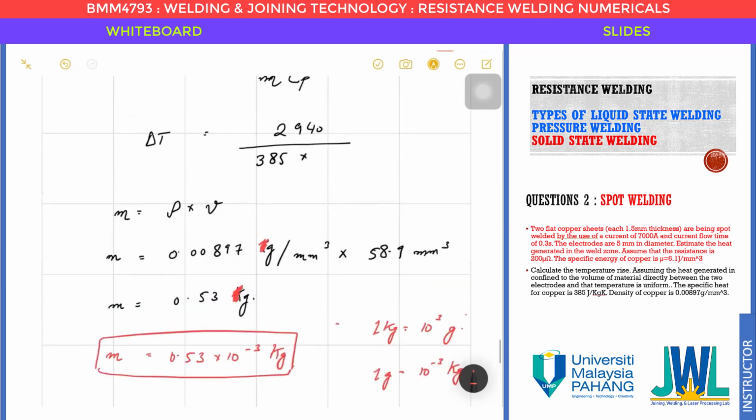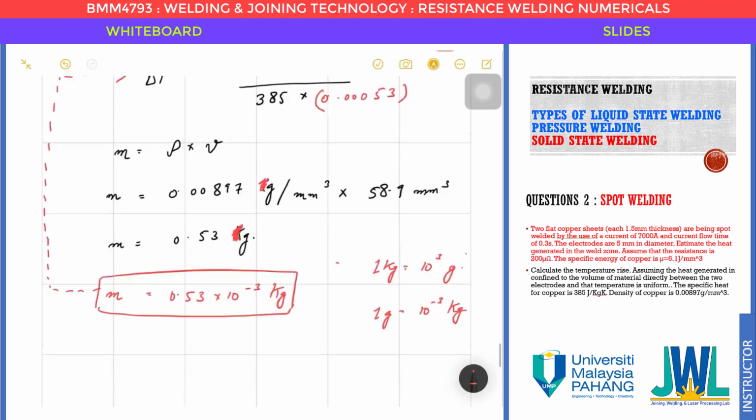So putting the value of mass in this formula, this comes out to be 0.00053. So delta T comes out to be 14,400 kelvins.